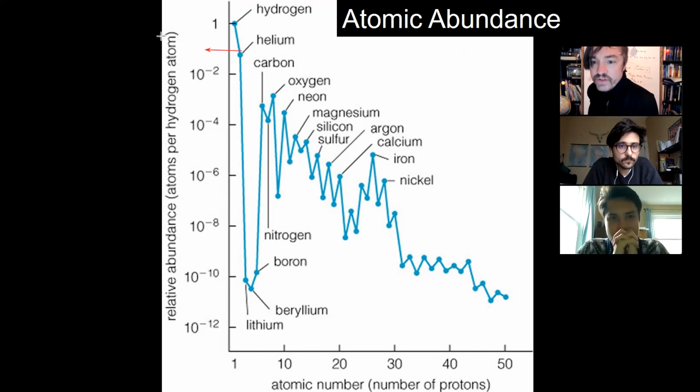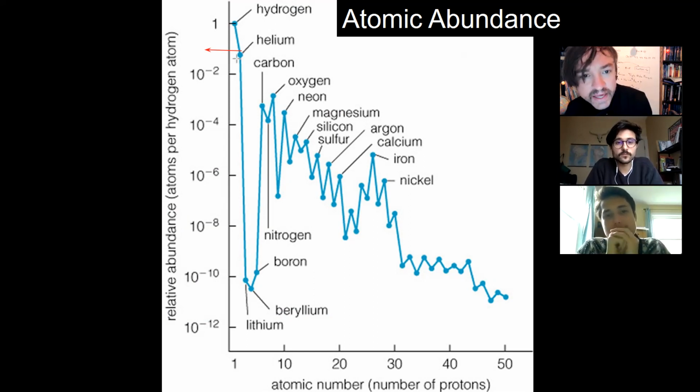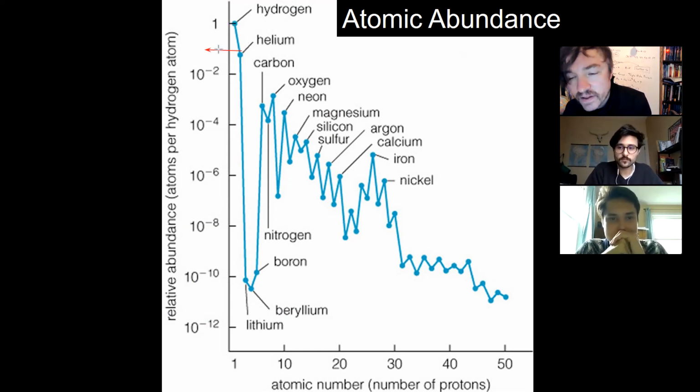So how many hydrogen atoms do I have to count through in space to find 1 helium? About 10, because helium is 1/10 the abundance of hydrogen.